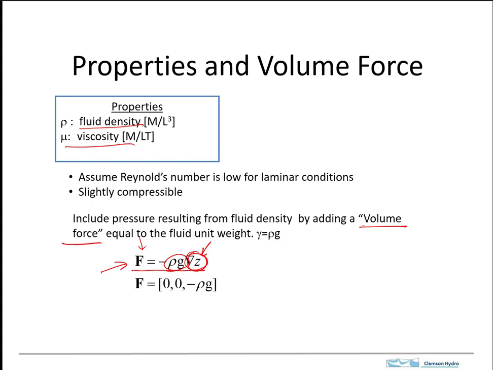Otherwise, it equals 0. So you could write out the vector like this, where rho g is the unit weight of the fluid, and this would be in XYZ format. So this is creating a volume force from the unit weight acting in the negative z direction. So that would create, for example, a hydrostatic pressure increase with z.